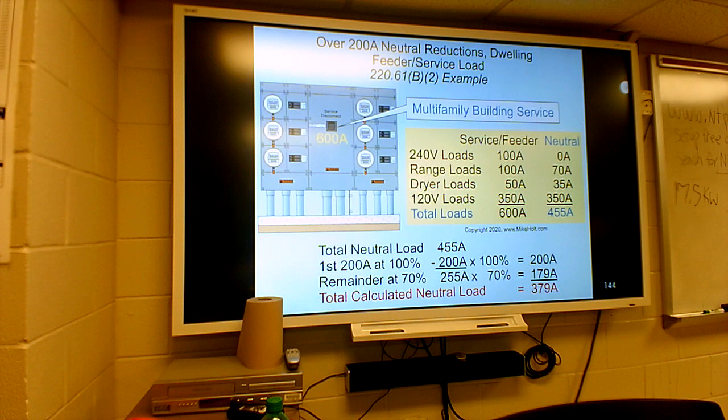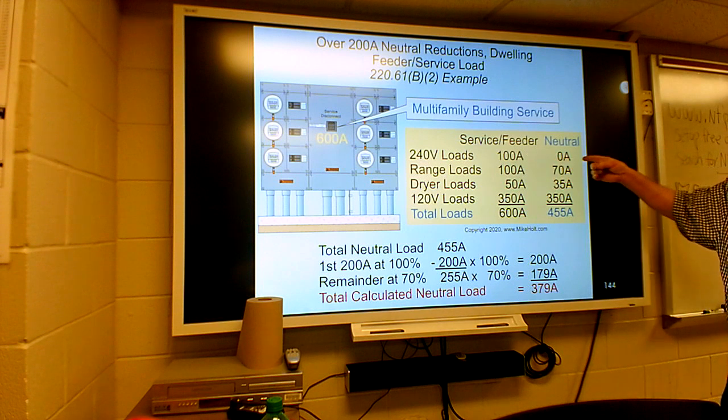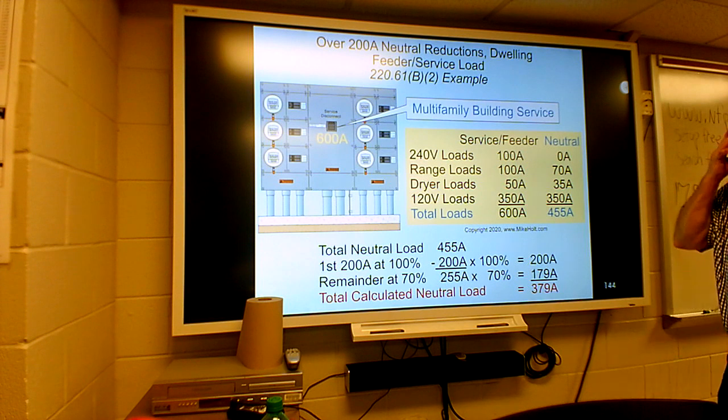So anyway, for our calculation here, for the 240 volt loads, there's no neutral current flowing because they're line to line loads like heater elements, you know, for ovens and all.